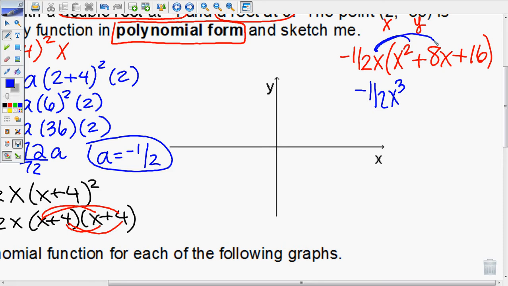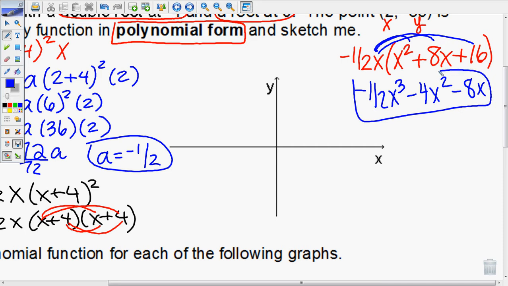Negative 1/2 x times 8x is negative 4x squared. And then negative 1/2 times 16, what's half of 16? It's a negative 8x. So this is my unique function that fits the situation.